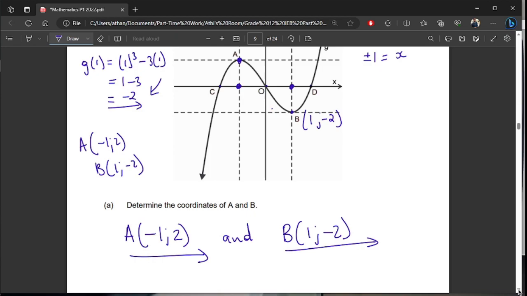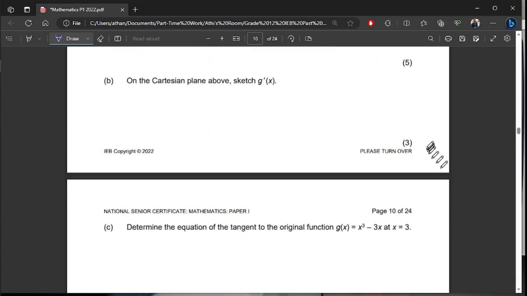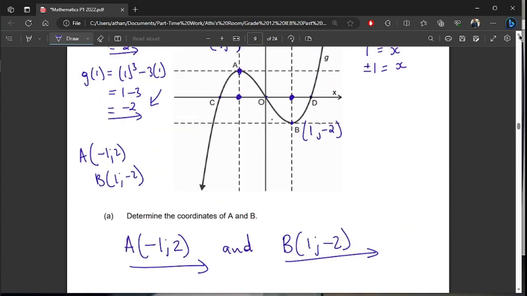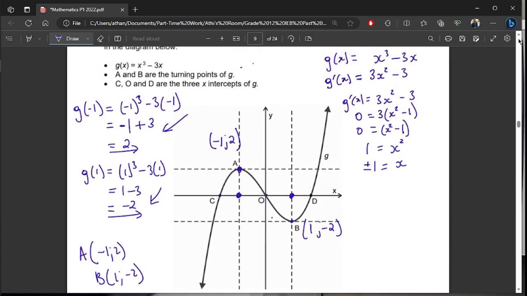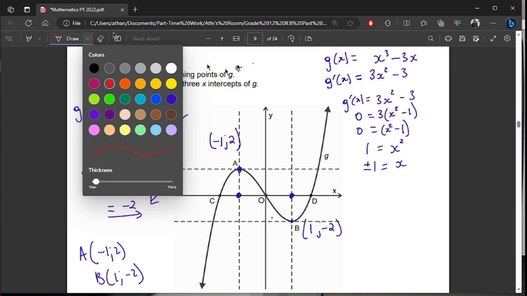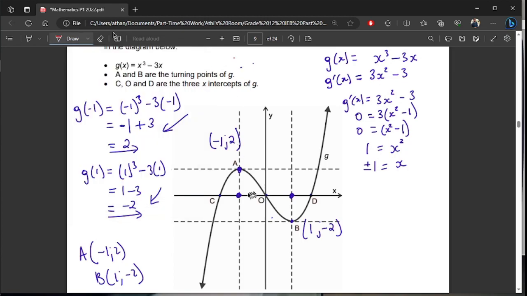Now the second question: on the Cartesian plane above, sketch g prime, the first derivative of g. Okay, so on the Cartesian plane, let's try to sketch that graph now. In order to sketch the graph, guys, we need the y-intercept and the x-intercepts.